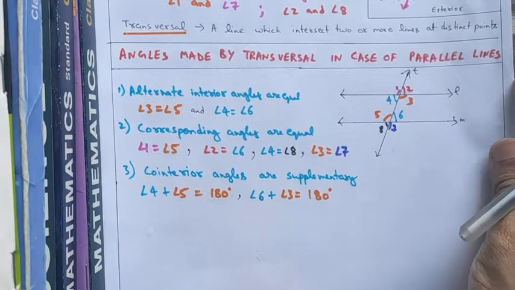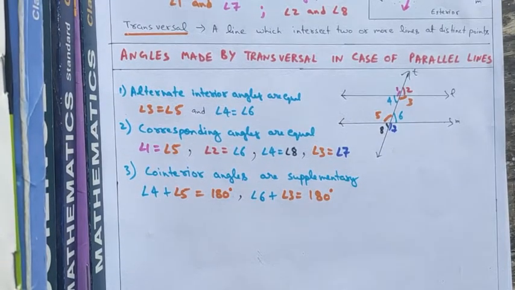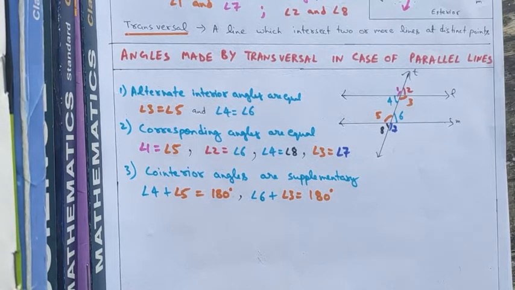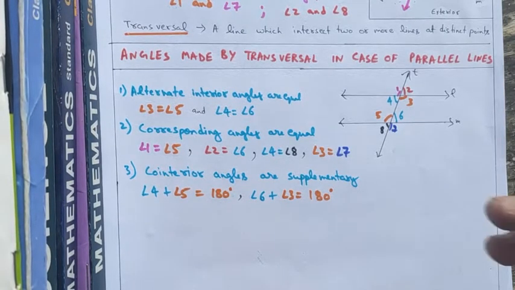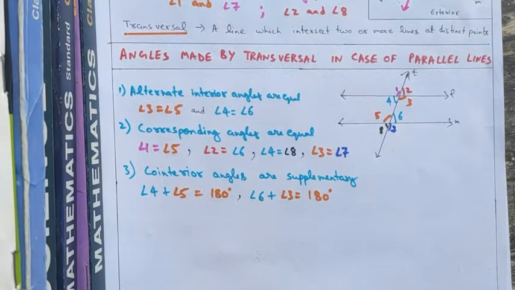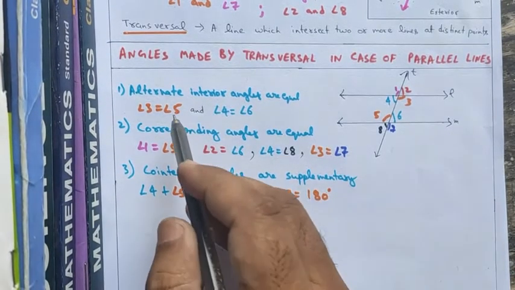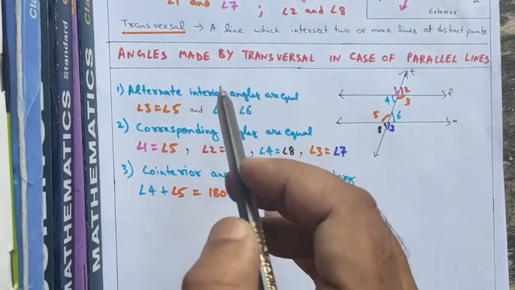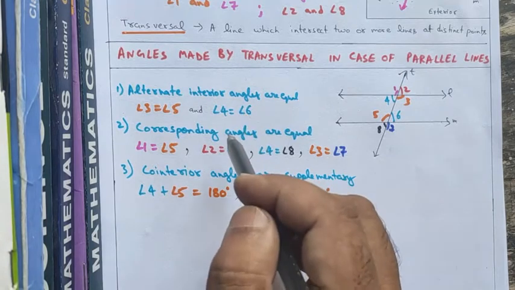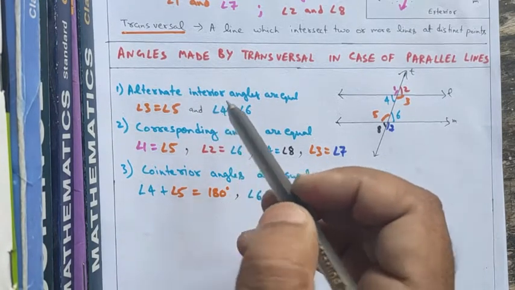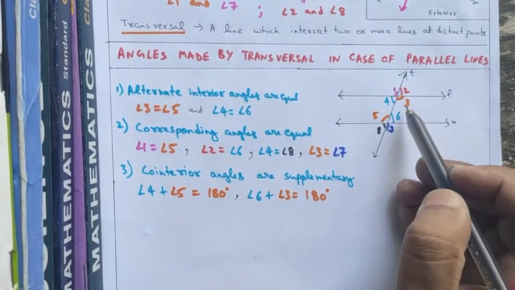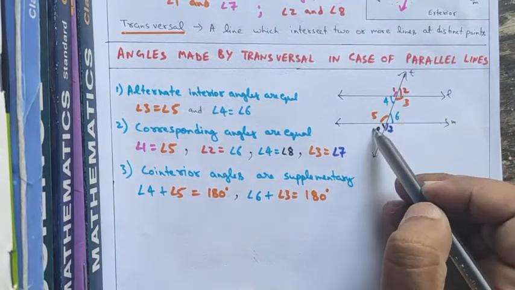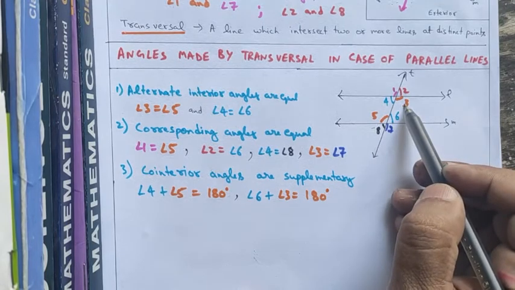Now what about the angles made by a transversal in the case of parallel lines? There are three very important properties when the transversal intersects a pair of parallel lines. In that case the alternate interior angles will be equal. This is a very important property. Here, angle 3 and angle 5 are alternate interior angles, and they will be equal to one another.